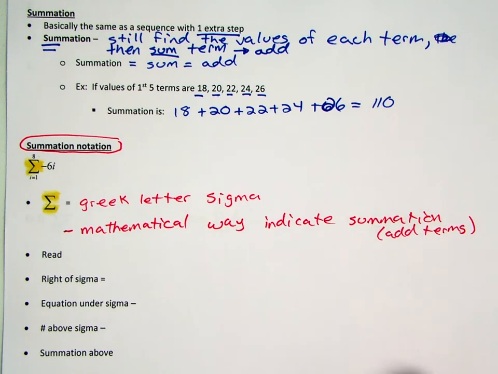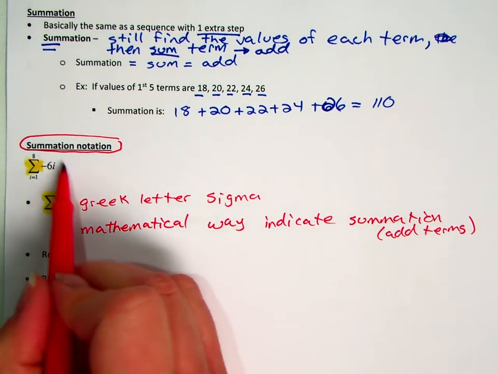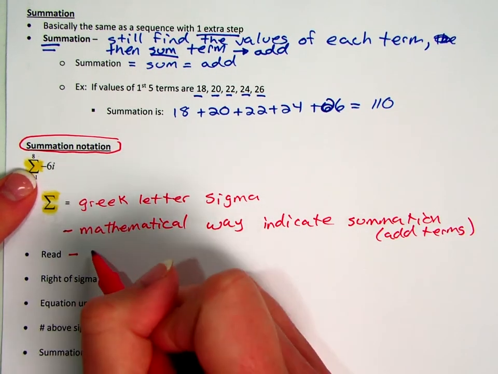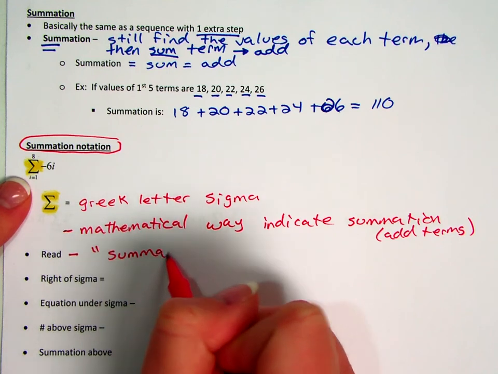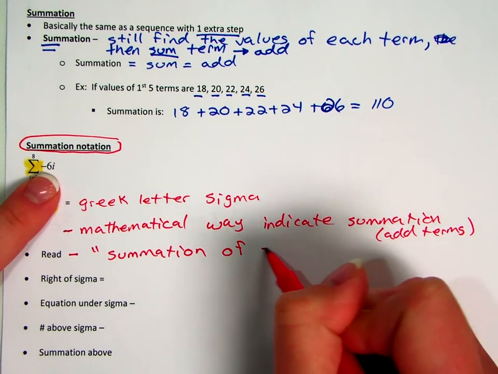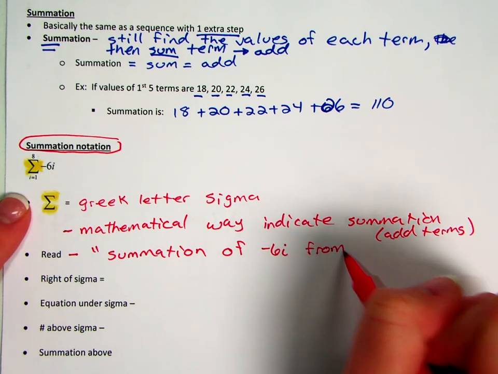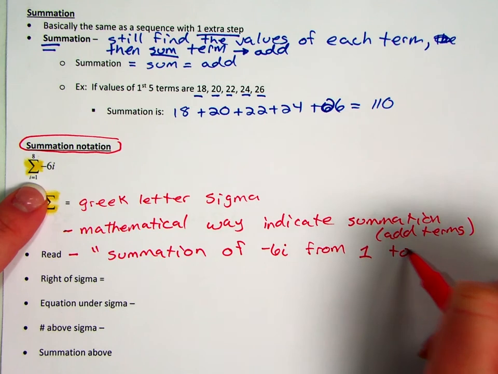Okay. Then we have to look at all these other pieces. So when I read something like this, the idea is we would say summation of, in this case the expression, which is negative 6i, from 1, because the bottom number is 1, which is our starting point, to 8.